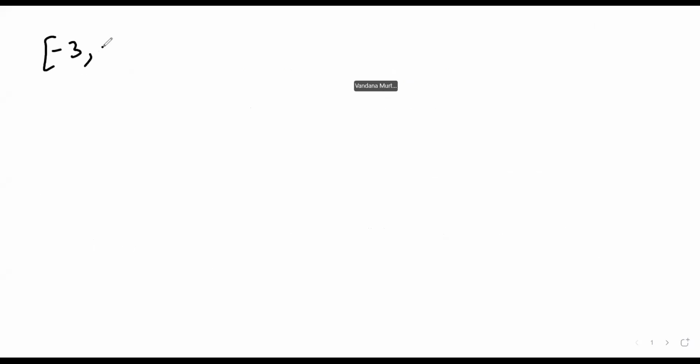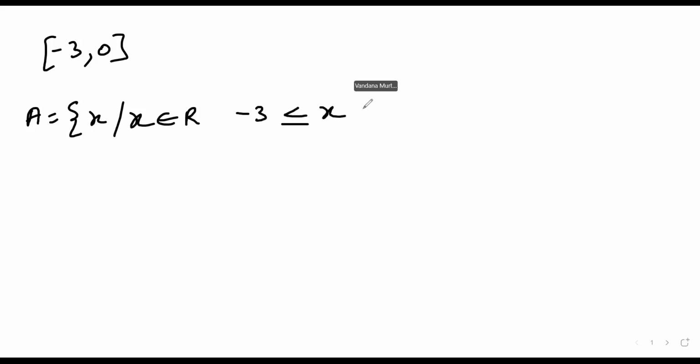First is minus 3 and 0. We have to write down in a set builder form. Let A be the set of element X such that X belongs to real number set and X assumes the value 3 and 0.